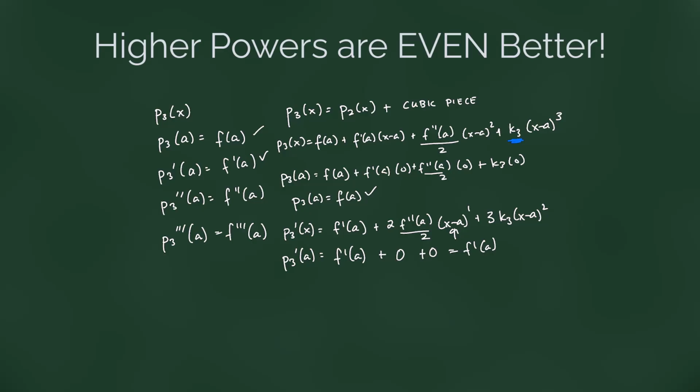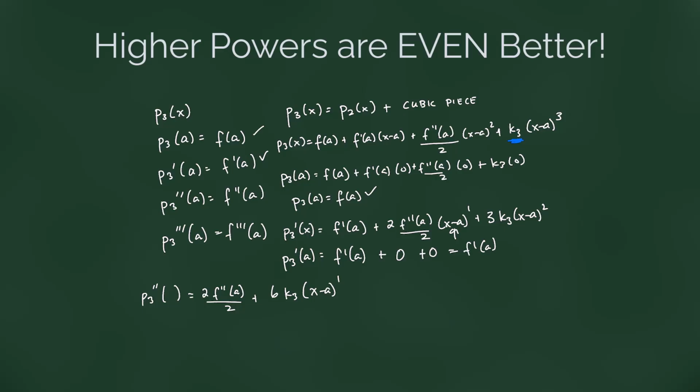Let's look at our second derivative now. p3 double prime of x is going to equal 2 times f double prime of a over 2, of course I can cancel those out, plus 6 times k3 times x minus a to the first.